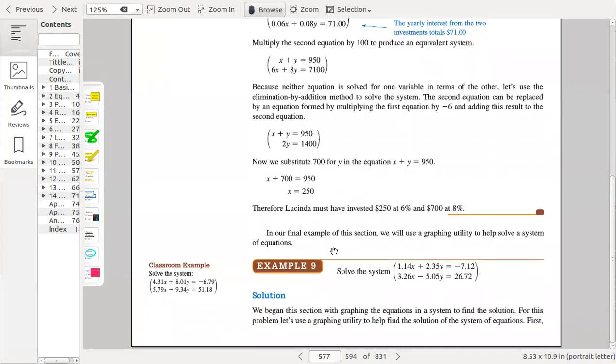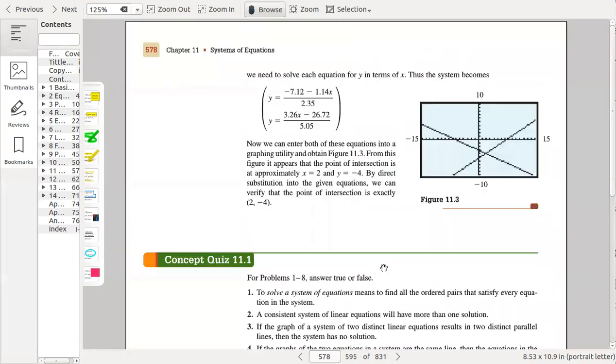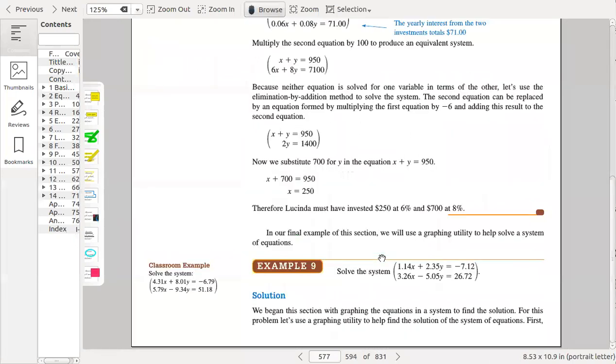So in our final example of this section, we will use a graphing utility to help. This example is to solve the system 1.14x plus 2.35y is equal to minus 7.12, and 3.26x minus 5.05y is equal to 26.72.